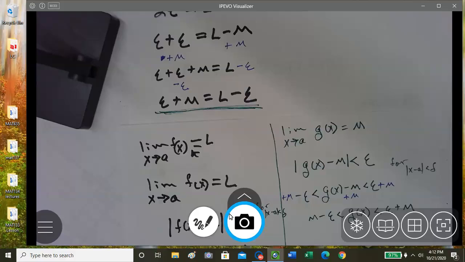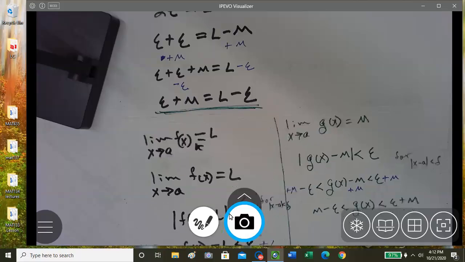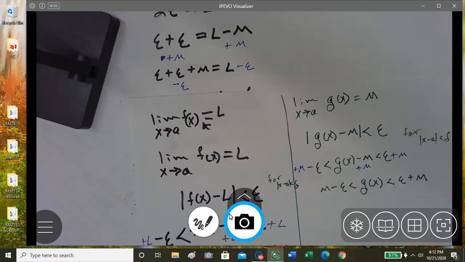Since epsilon plus m is equal to L minus epsilon, that means that g of x must be less than f of x. Since g of x is less than epsilon plus m, and that's equal to L minus epsilon, and that's less than f of x, g of x must be less than f of x.